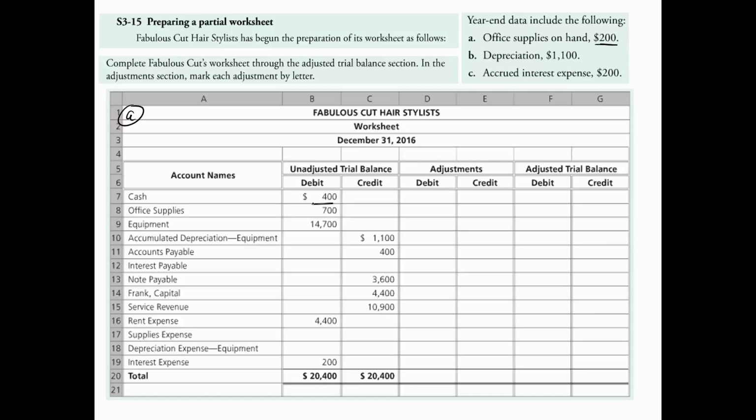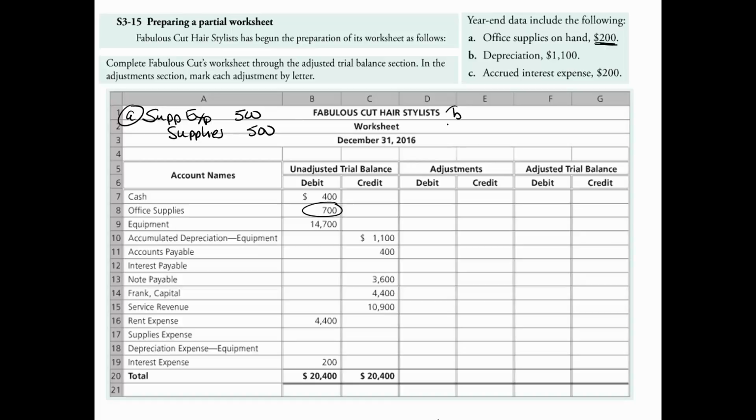I started with 700 and now I have 200. So that means I must have used 500. So the adjustment would be a debit to supplies expense for 500 and a credit to the office supplies for 500.